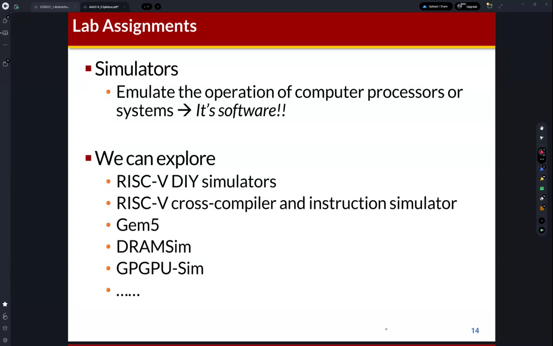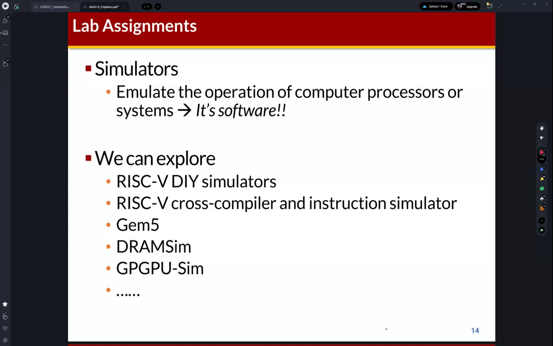And then the first one, you need to design your own computer architecture simulator and instruction simulator. And then for the rest, you can use some open source simulators. Okay, you don't need to design your own simulators from the second line.